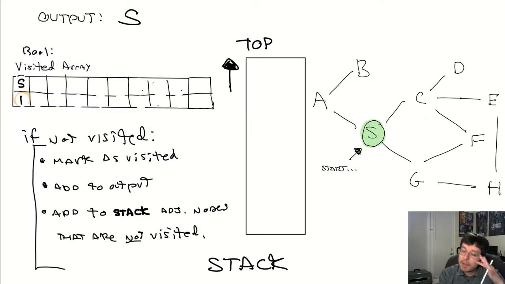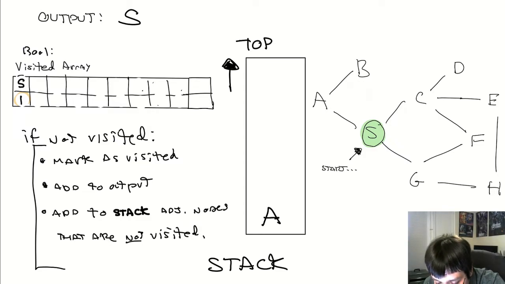Again, depending on the order that we add these in, it's going to be a completely different depth first search traversal. In this case, I'm just going to add them in alphabetically this time.